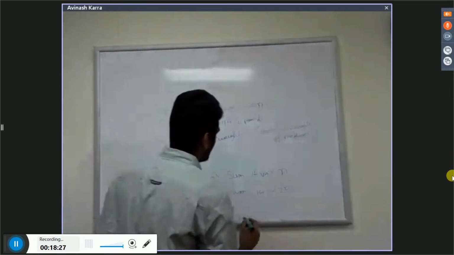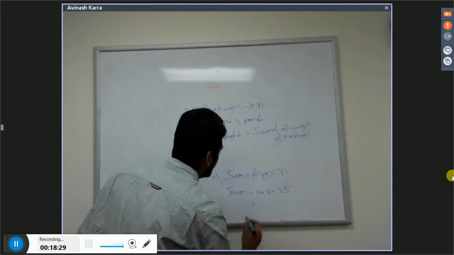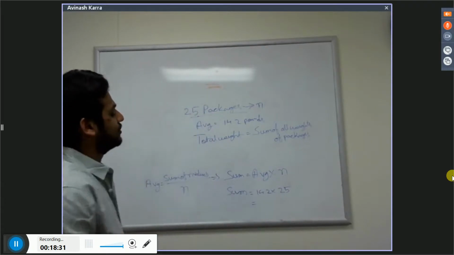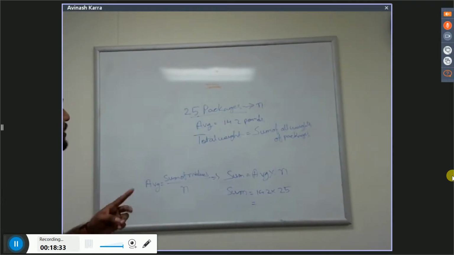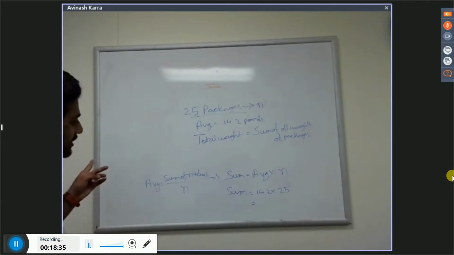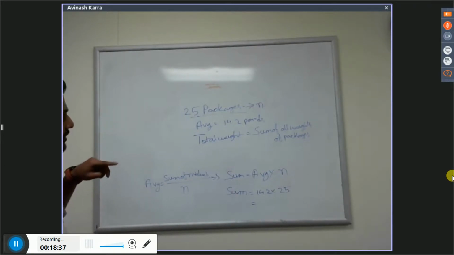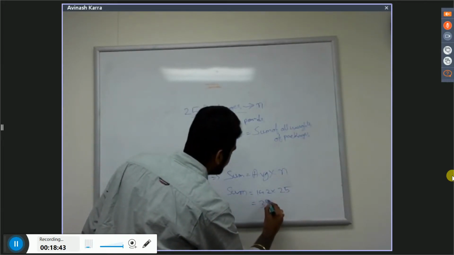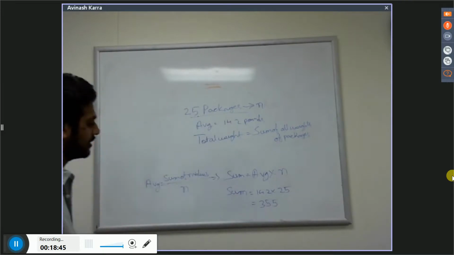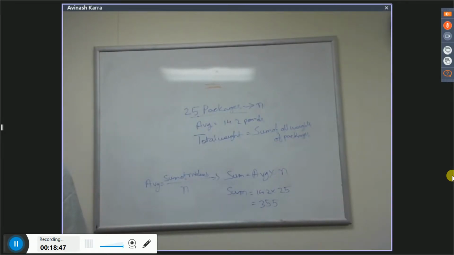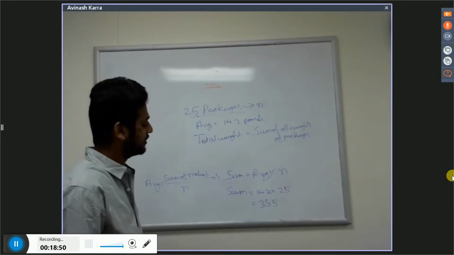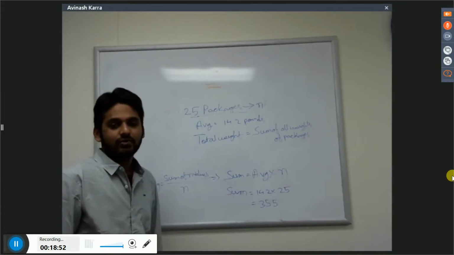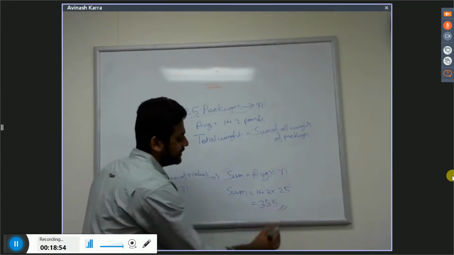So sum is equal to 14.2 into 25. 25 twos are 50, 25 fours are 100. It's somewhere around 355. Is it right? Yes. So everyone got 355, right?